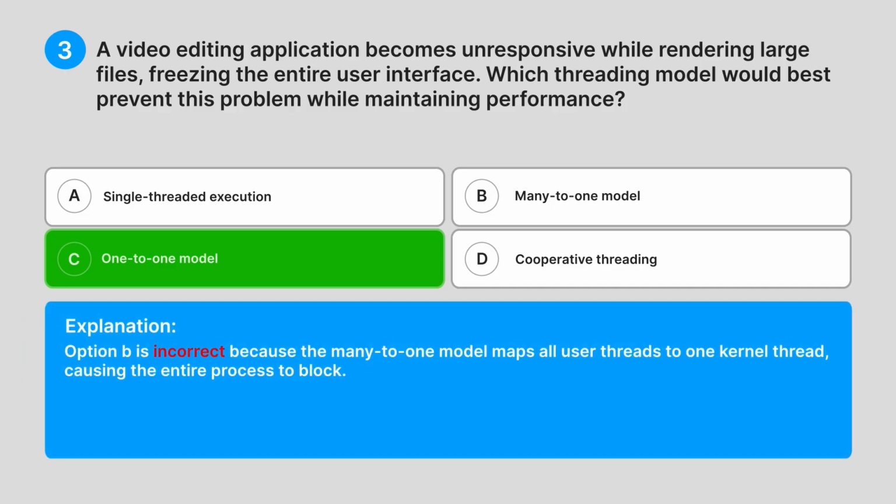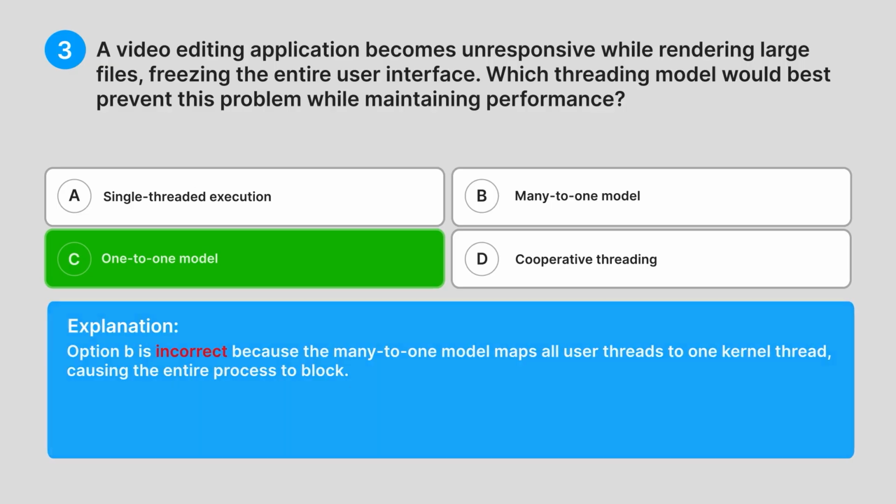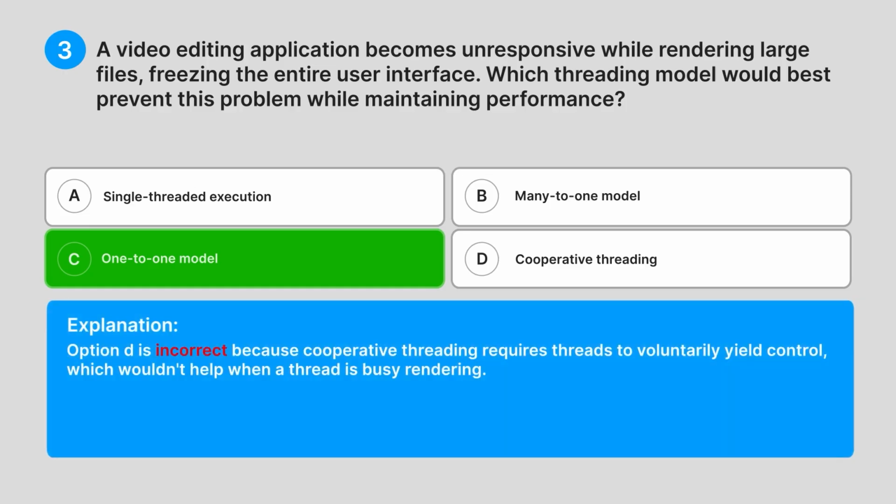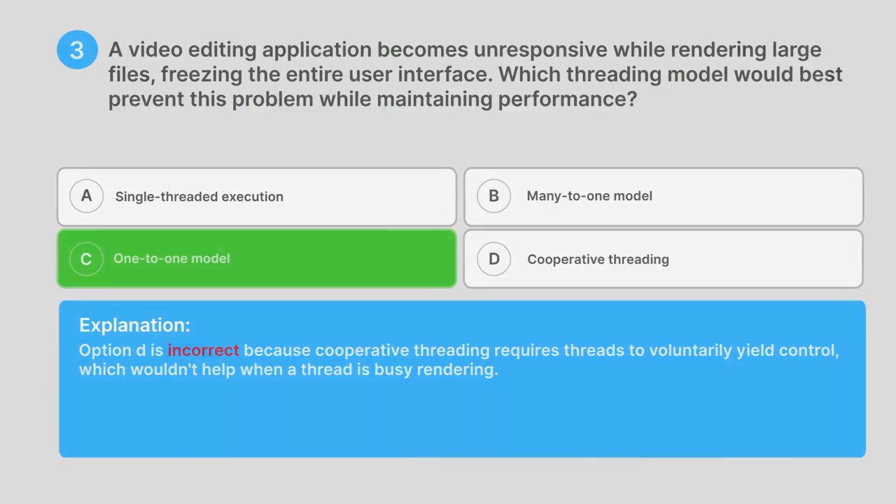Option B is incorrect because the many-to-one model maps all user threads to one kernel thread, causing the entire process to block. Option D is incorrect because cooperative threading requires threads to voluntarily yield control, which wouldn't help when a thread is busy rendering.